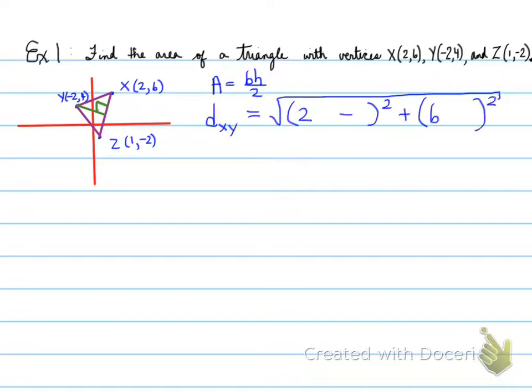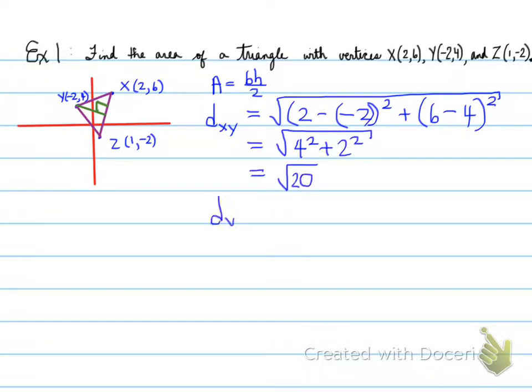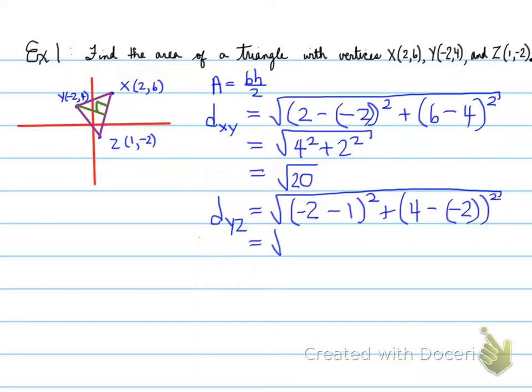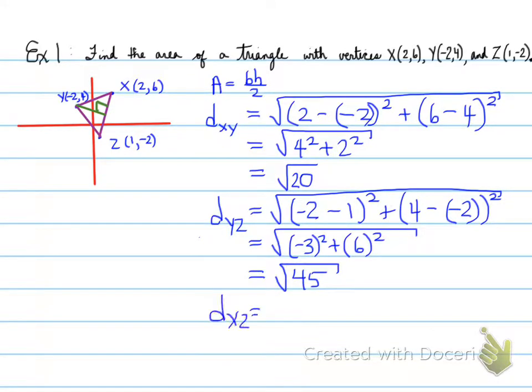So distance of XY, plug it in. You get the value of root 20. The distance of YZ, plug it in using the coordinates, and you find root 45. So that's XY right here, and YZ, that's right here.